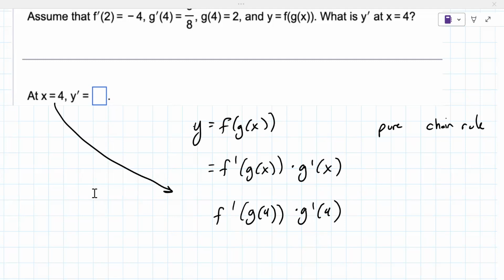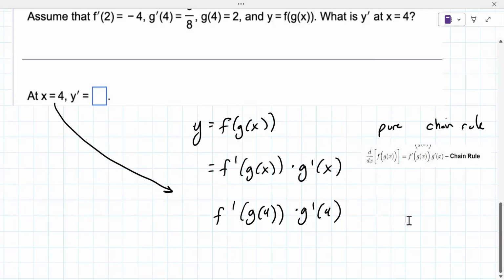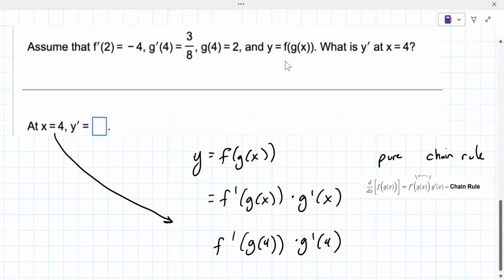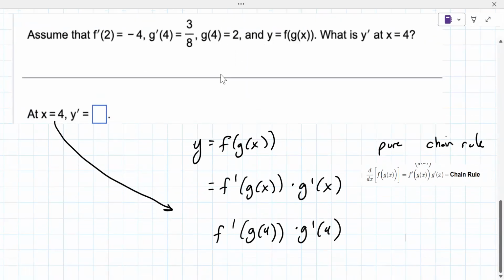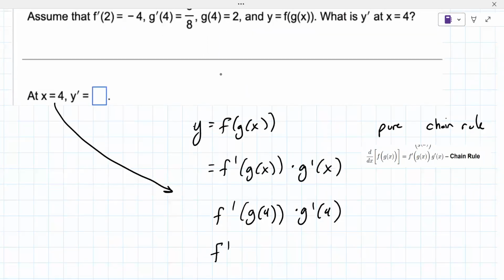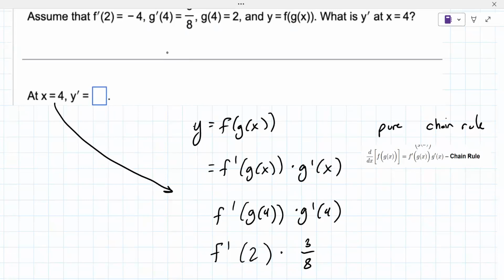Okay. Here it is, right there. So we need g of 4. We need g prime of 4. So g of 4 is 2. Sorry, I couldn't find it. So g of 4 is 2. So it's f prime of 2 times now g prime of 4. G prime of 4 is 3/8.